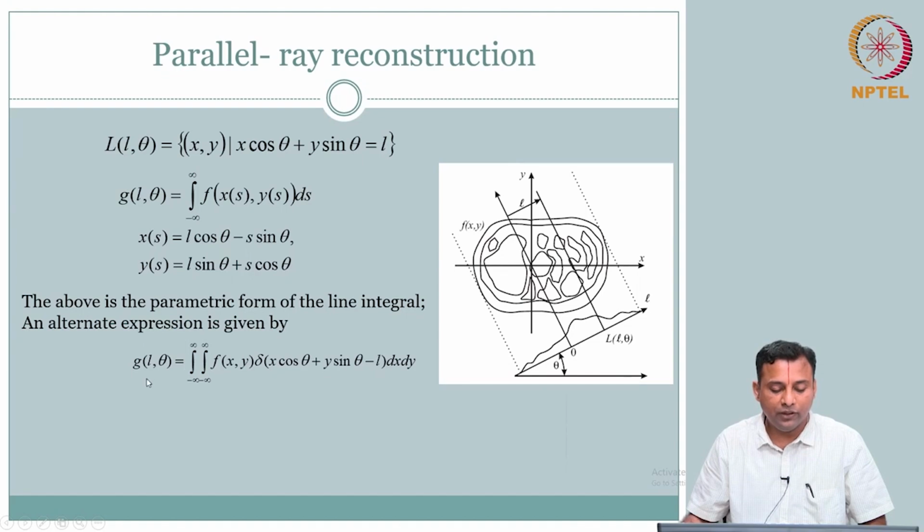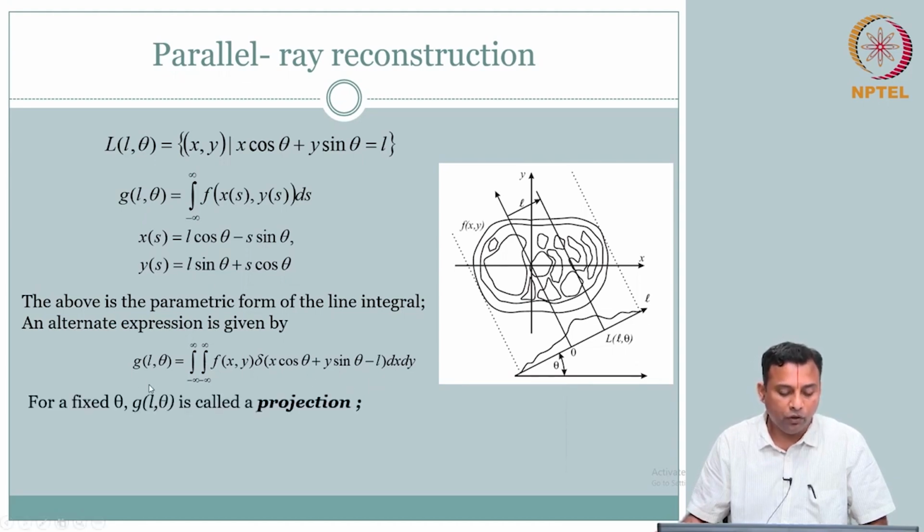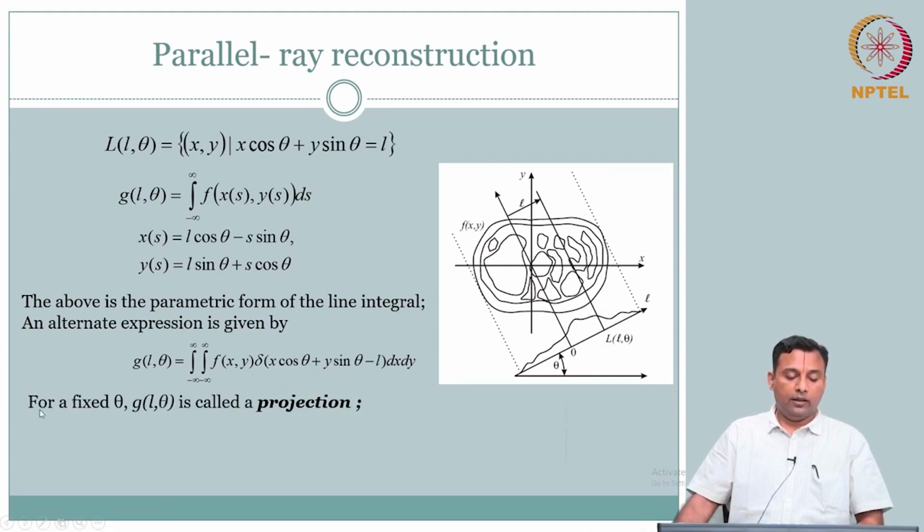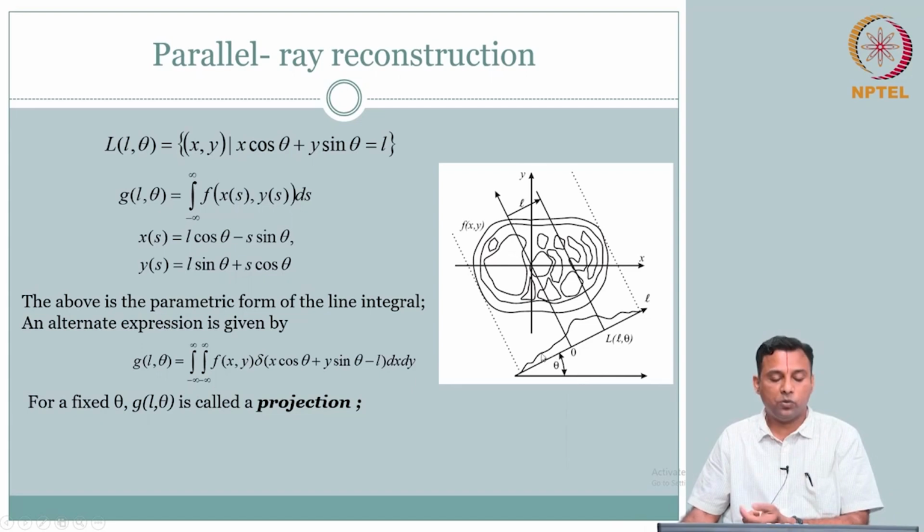That means your g of l comma theta is the sum along x and y of this f of x comma y taken along this line. Clear. So this is another way of writing. So for a fixed theta, for example here, one theta is what I have shown, this is called the projection.